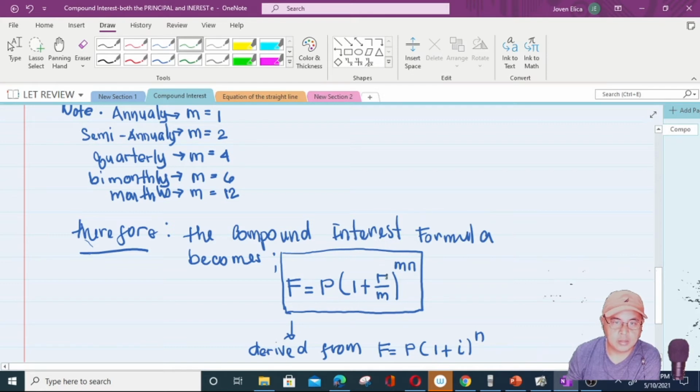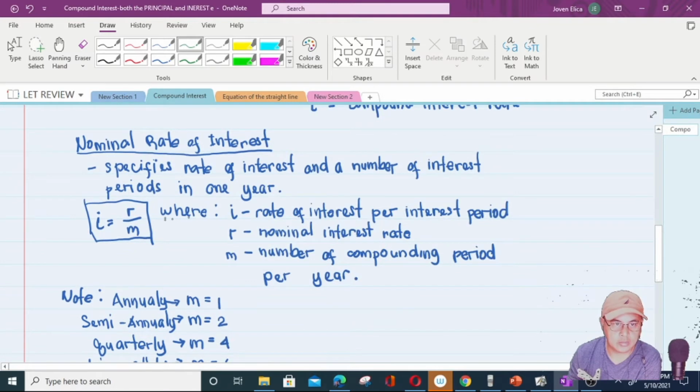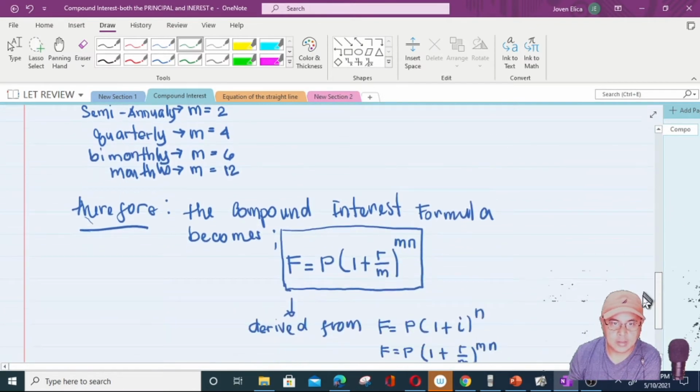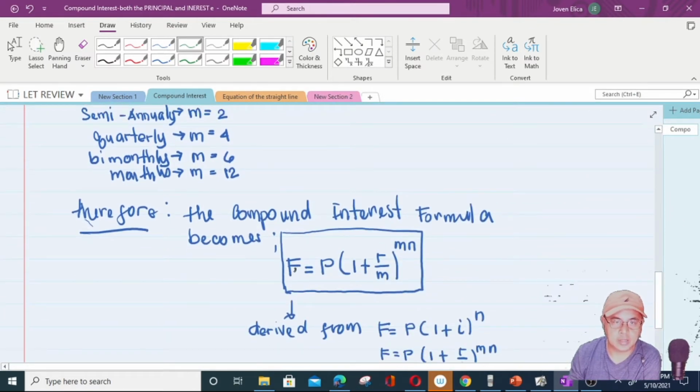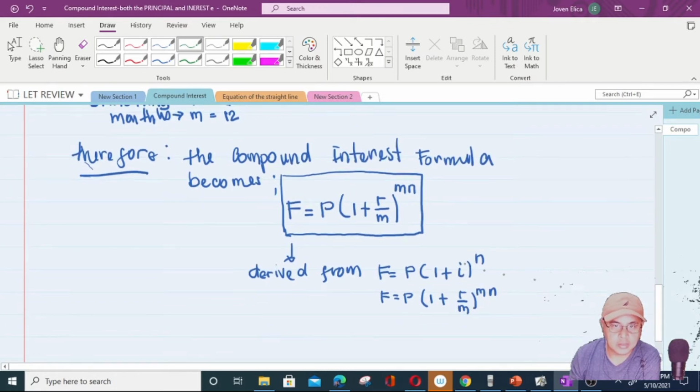I will be substituted to R over M. So therefore, the formula becomes F is equal to P multiplied by 1 plus R divided by M, multiplied by the compounding period in the exponent, M times N. This is the original future worth formula, which is annually.